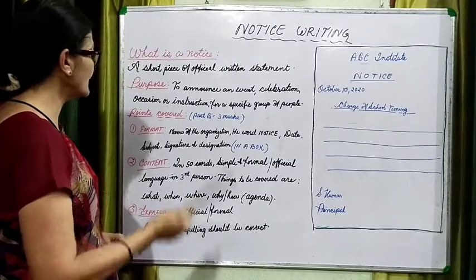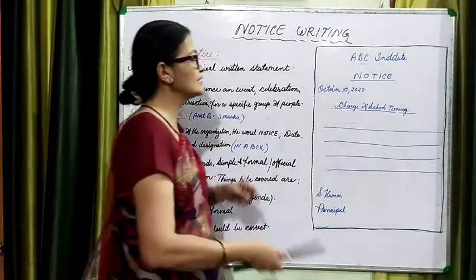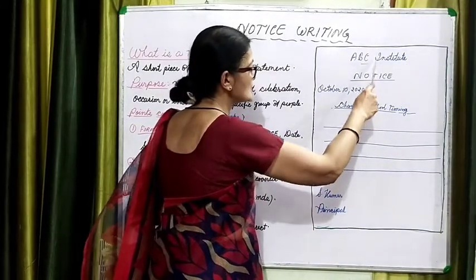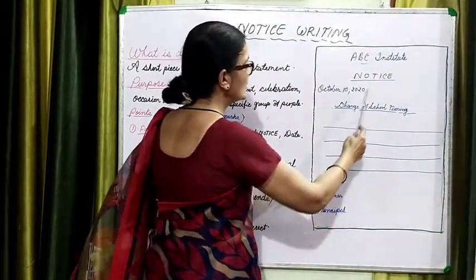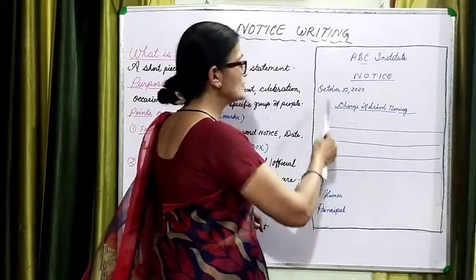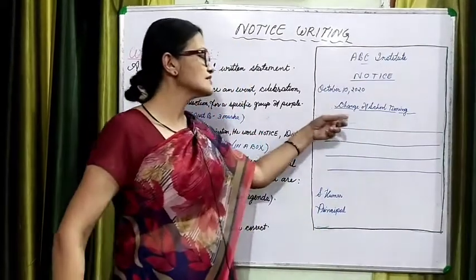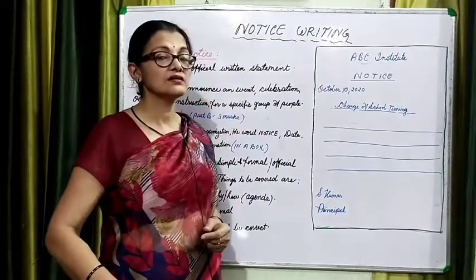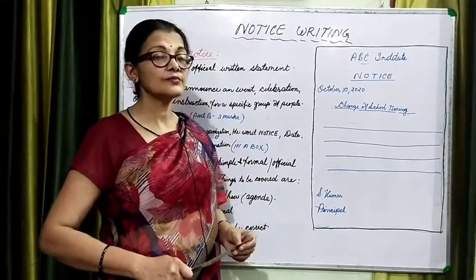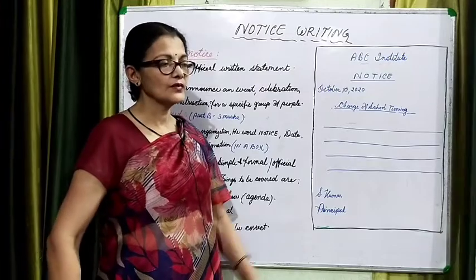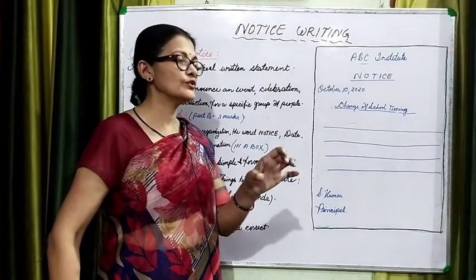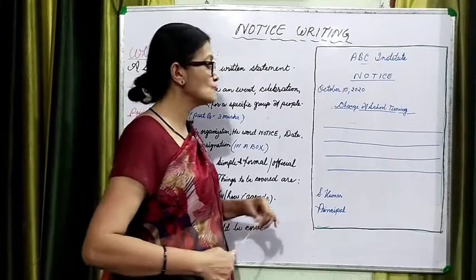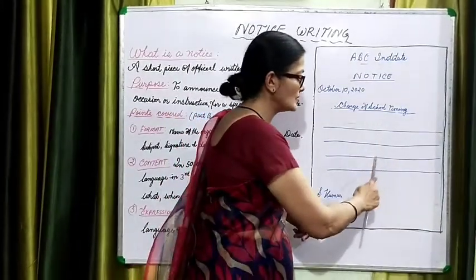I'll repeat the format here: the name of the institute and the word notice in center alignment, then in the left alignment is your date, and in the center again is the subject, which in small, brief and catchy words will tell you about the content.